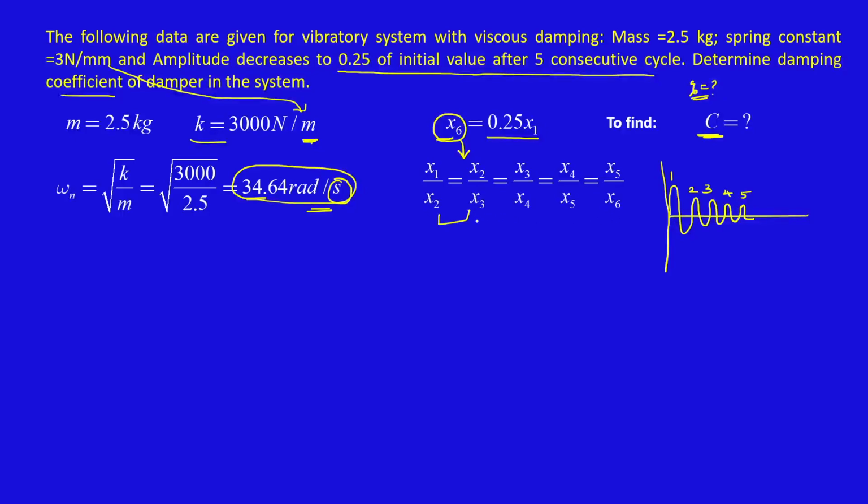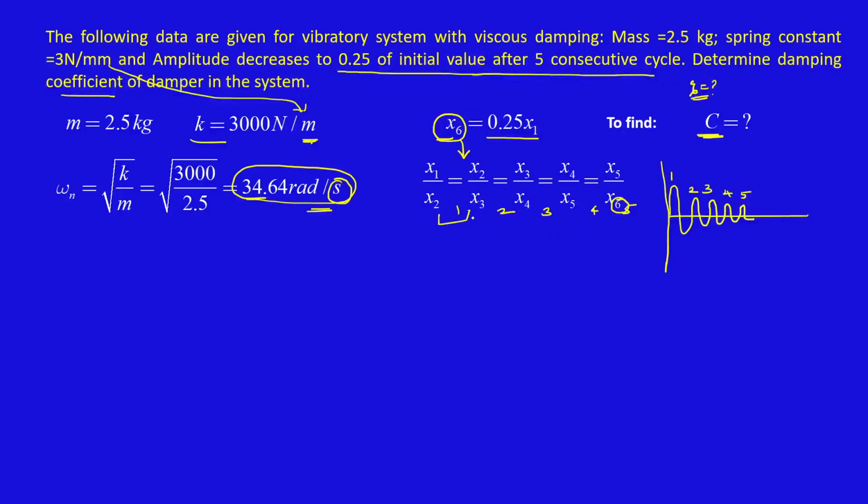So 5 consecutive cycles will come up to x6. That's why we put x6 here. So these are all equal.